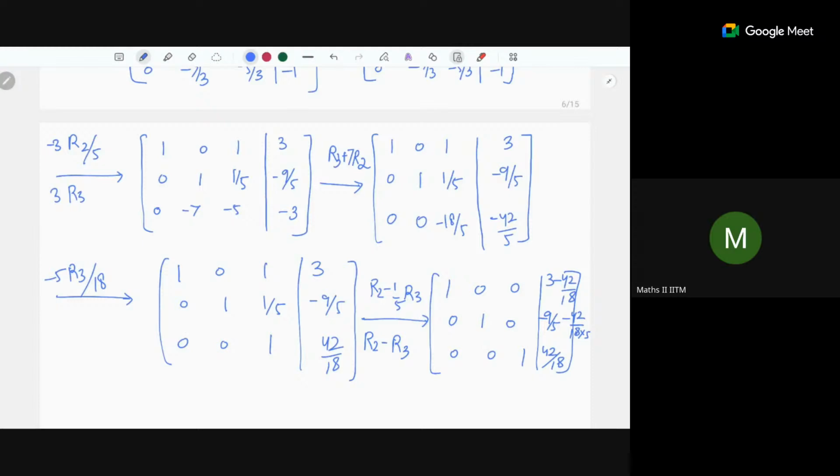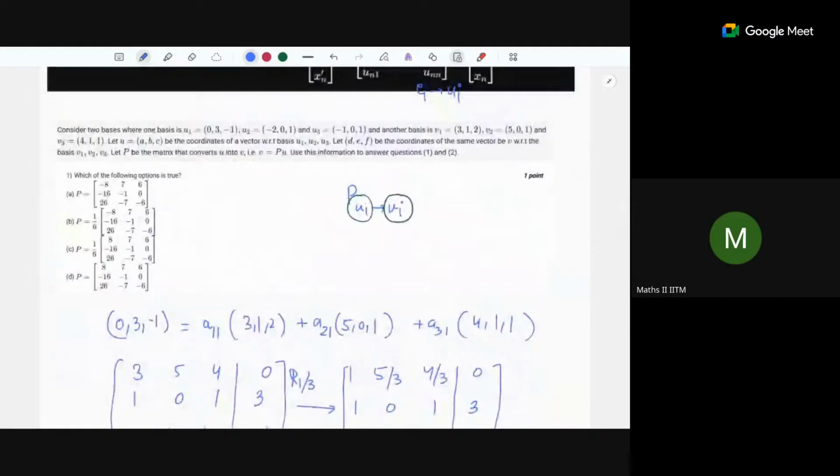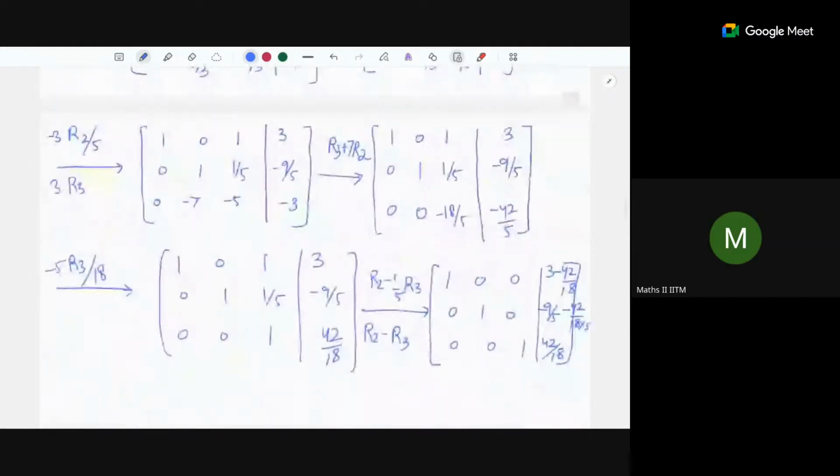okay, this is becoming computationally hard. Too much computation, and I don't think any of the options match with this, right? Or does it? Okay, we can still divide this.